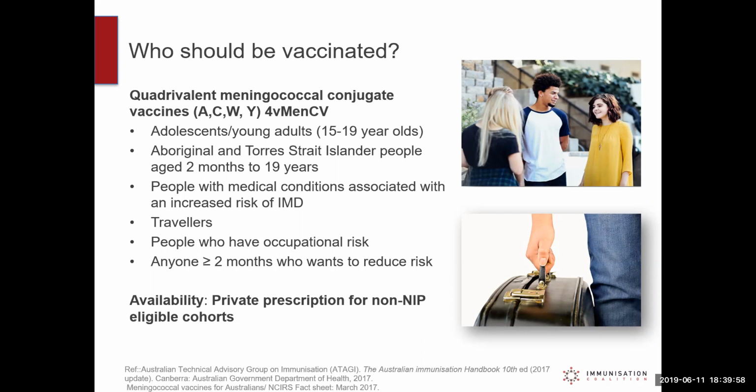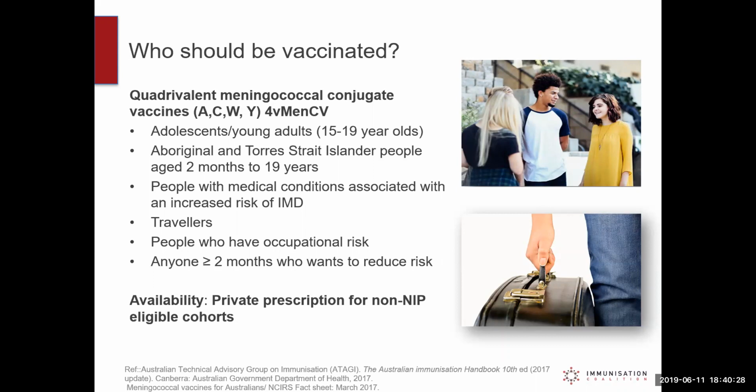So we do know that adolescents and young adults, most definitely, they are tending to be in crowded populations. Perhaps they are in dormitory style accommodation, military recruits, students living in residential accommodation, etc. And definitely those that are going to be covered under the NIP.